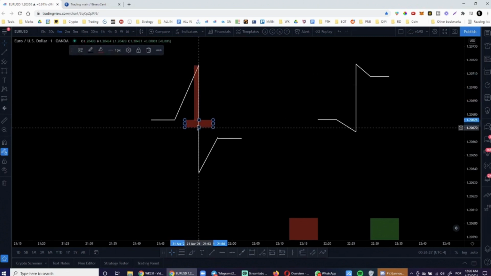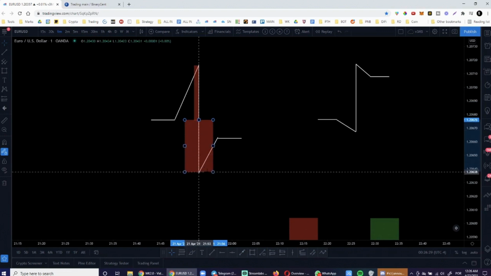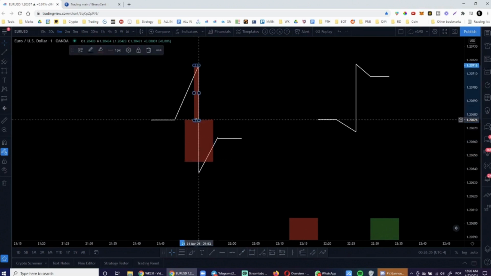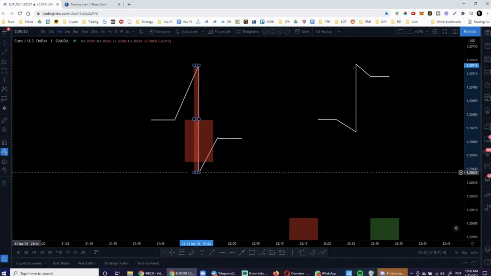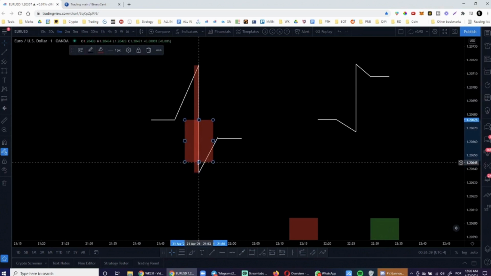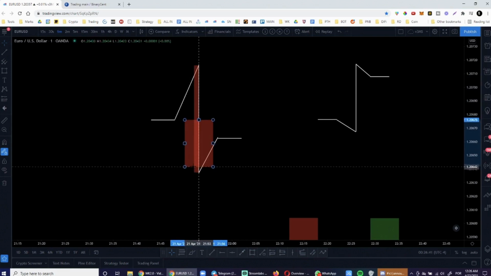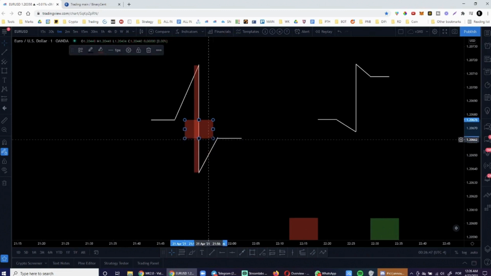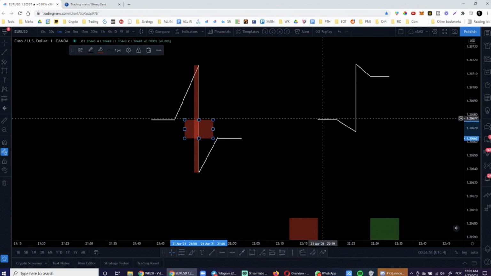So let's say it's going all the way down, and this is the lowest point it went, and then it started going back up. What happens? It started leaving the wick to show us that that was the lowest point that candle went to, and then it started bouncing back. It leaves that wick all the way to this point right here when the 1 minute expired, and then right here it started a new candle.